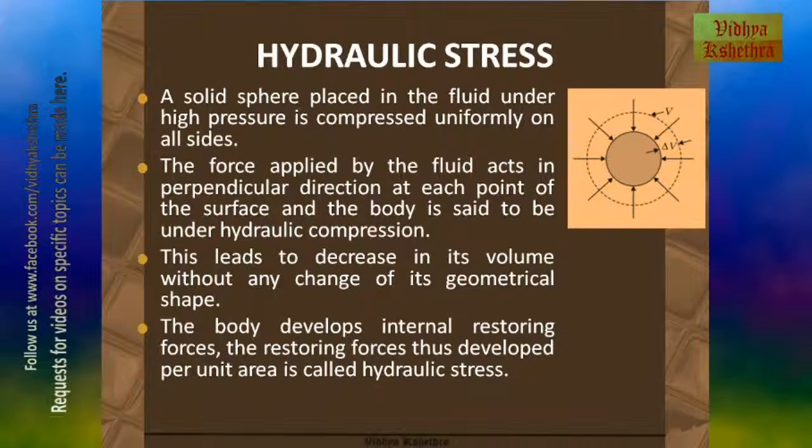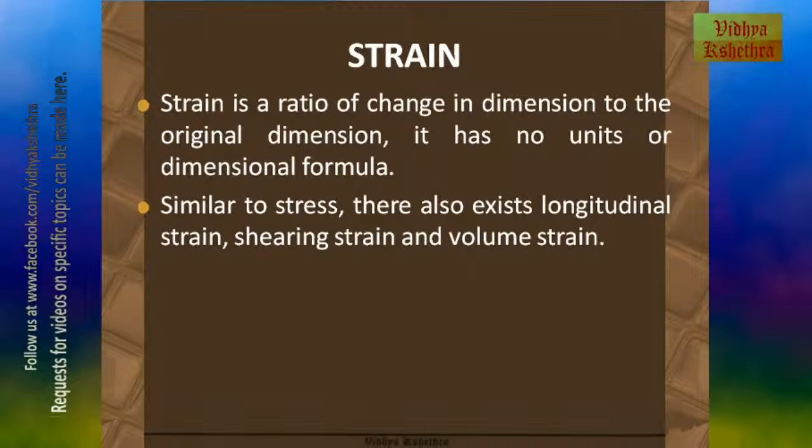Now we shall see about strain. Strain is the ratio of change in dimension to the original dimension. It has no units or dimensional formula. Similar to stress, there is also longitudinal strain. It is given by the change in length, delta L, divided by the original length.